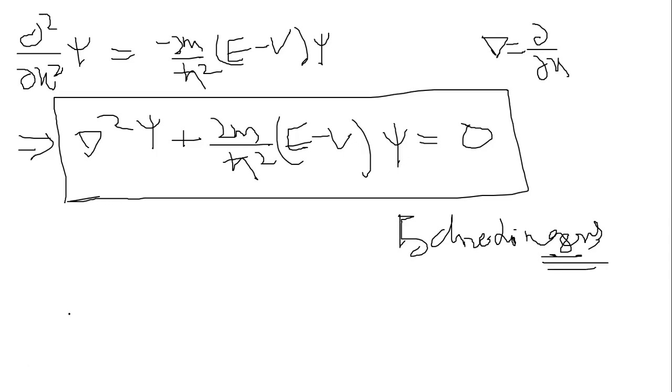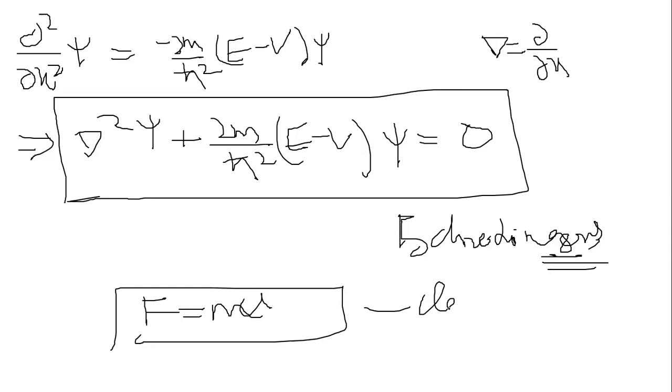Like in classical mechanics we use F equals to ma, and from F equals to ma we derive all the expressions in classical mechanics, where m into acceleration, m d square x by dt square, is equal to F, and from solving this we can get the equation of motion.